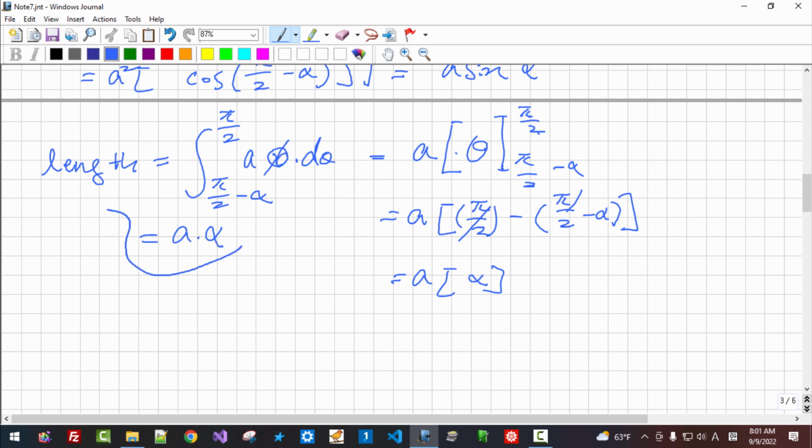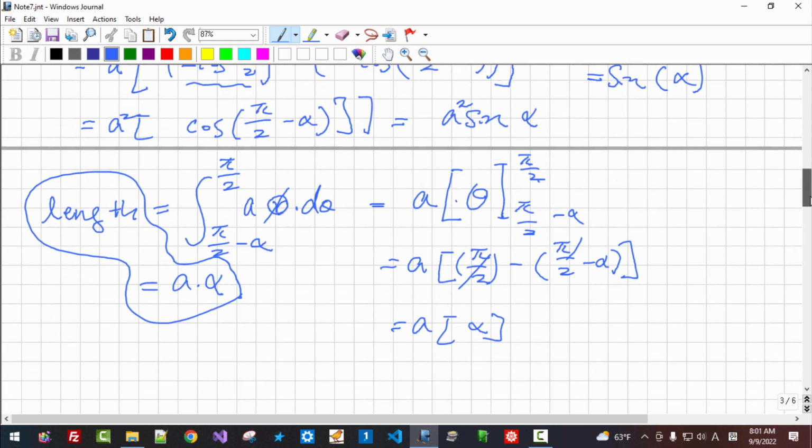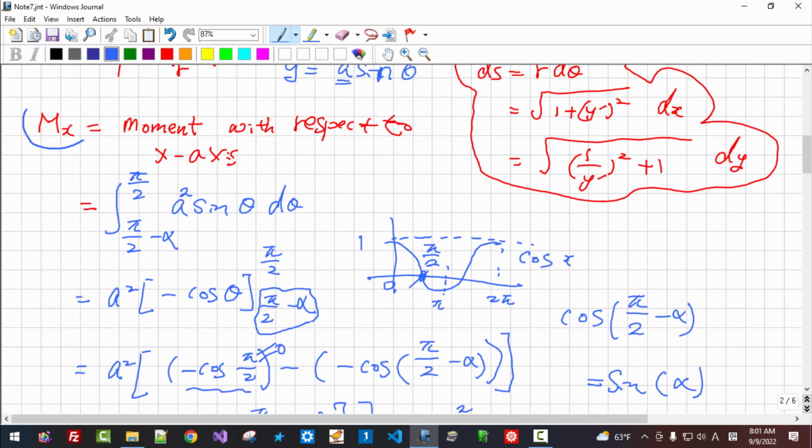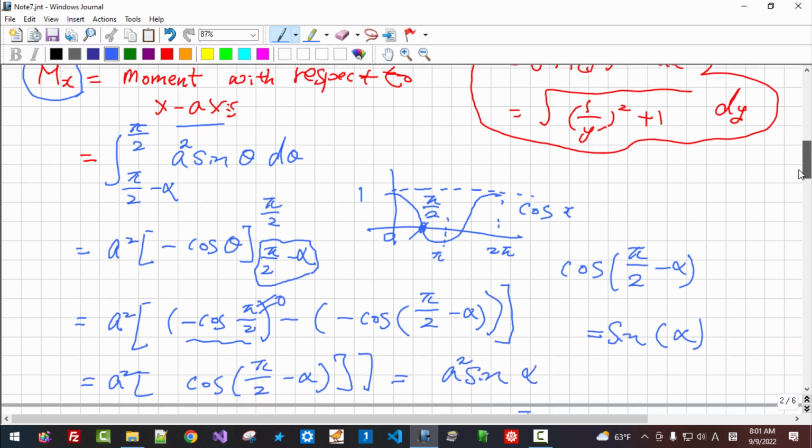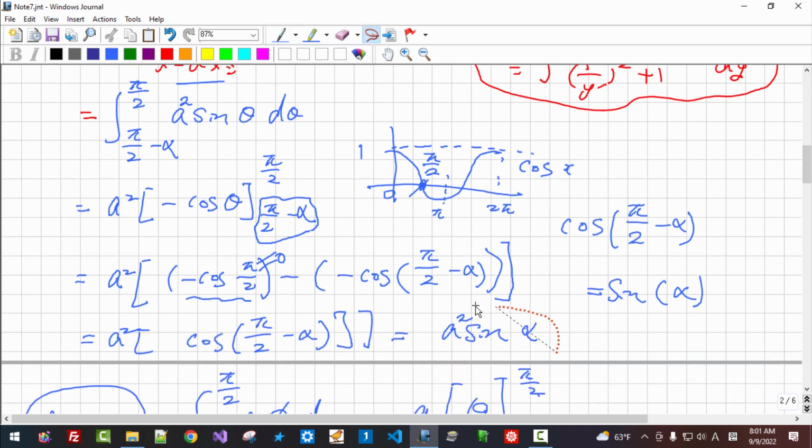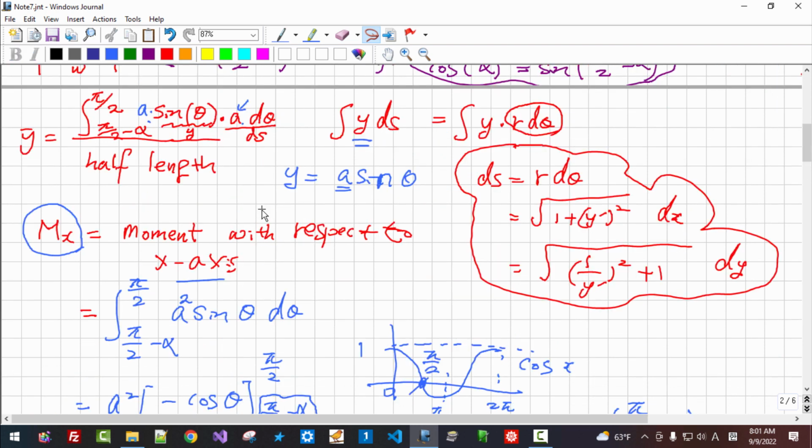So we computed the length. It's very simple. We also computed the moment with respect to the x-axis is this. Copy, paste. Okay, this is our result.